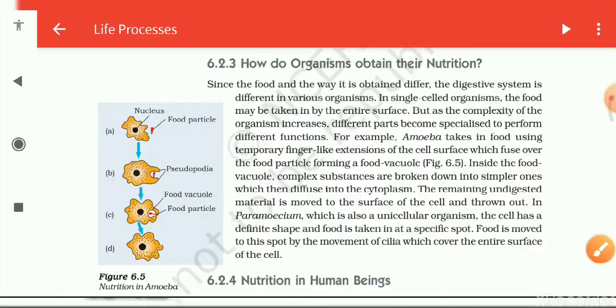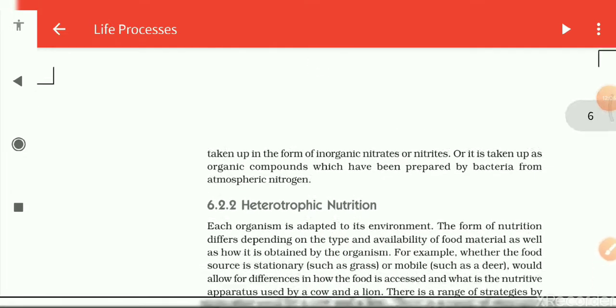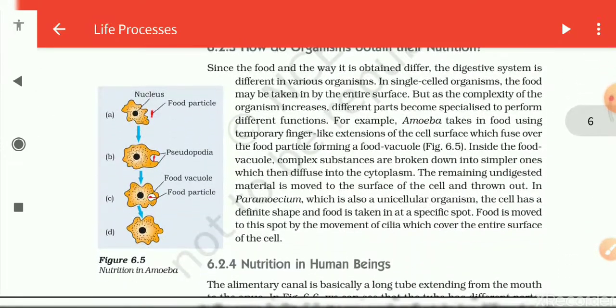Third point is assimilation. Assimilation means when the food goes inside the body, it provides energy, which helps in growth and repairing. That is called assimilation.